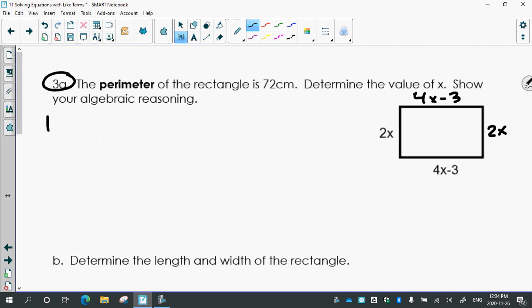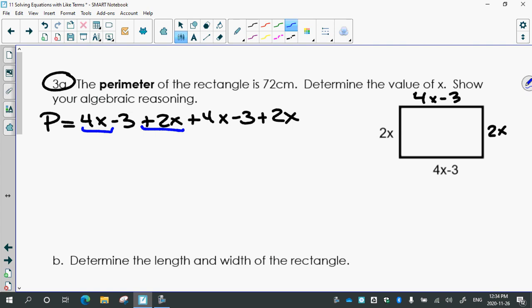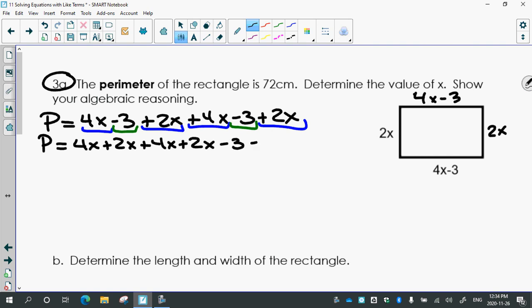Okay, so I've got lots of people adding all the sides together, which makes me very happy. Okay, so all together on the same side, there's 12 x's.